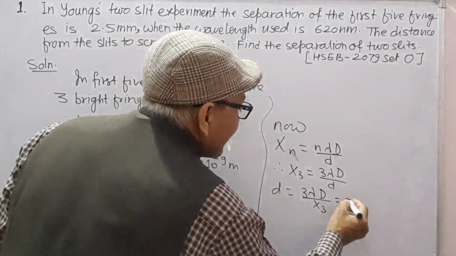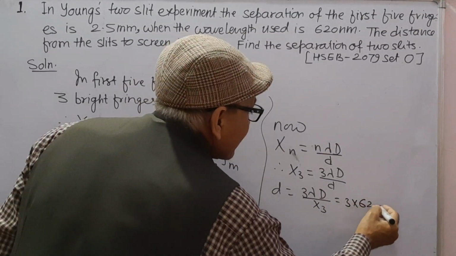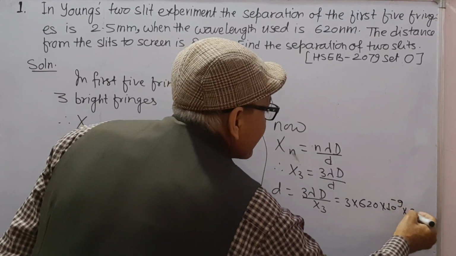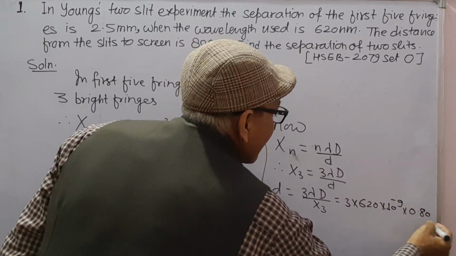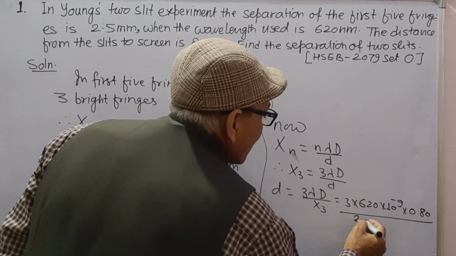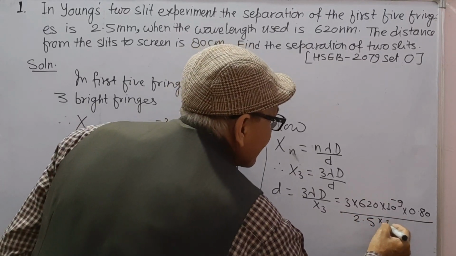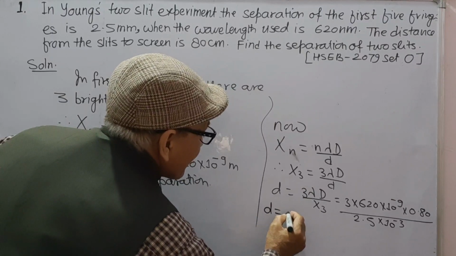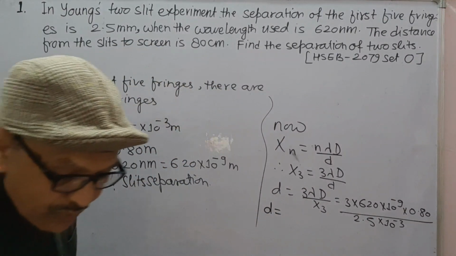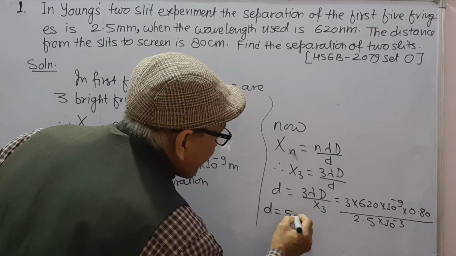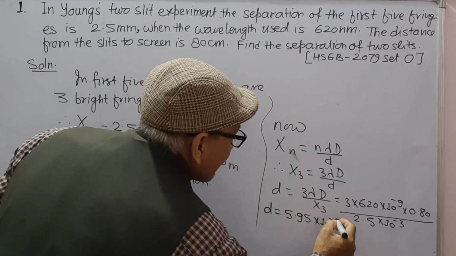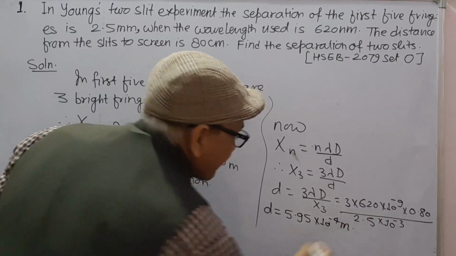We get 3 into 620 into 10 to minus 9 into 0.8 upon x3, which is 2.5 into 10 to minus 3. Therefore we get d is equal to 5.95 into 10 to minus 4 meter.